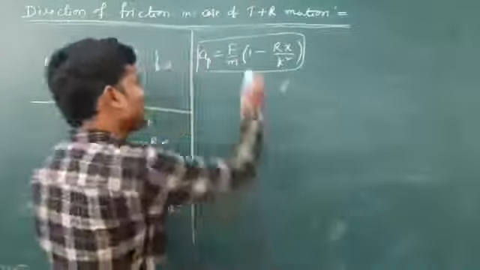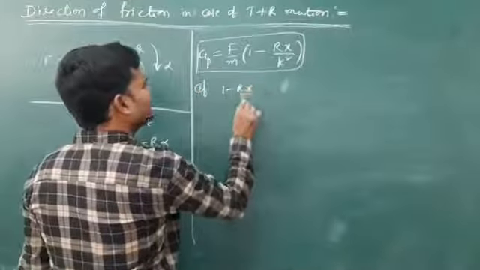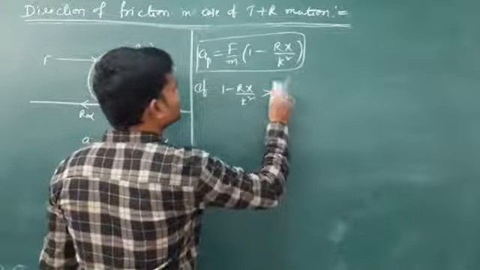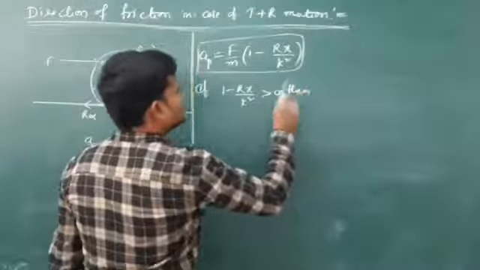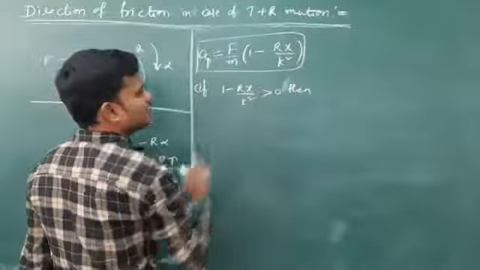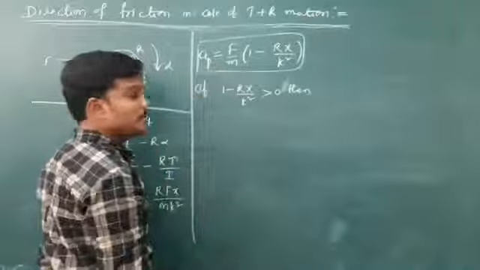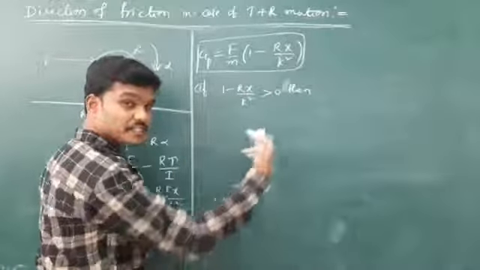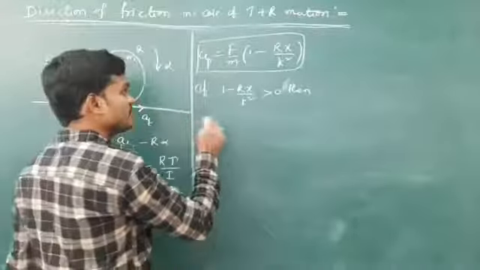Suppose 1 minus r x by k square is greater than 0, then this must be positive. That means the body moves in the forward direction. As the body moves forward, frictional force opposes the motion, so frictional force acts in the backward direction.